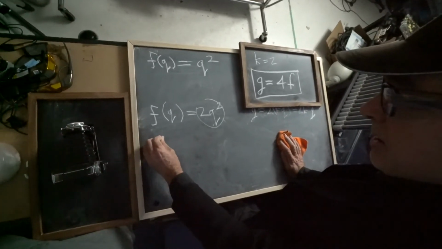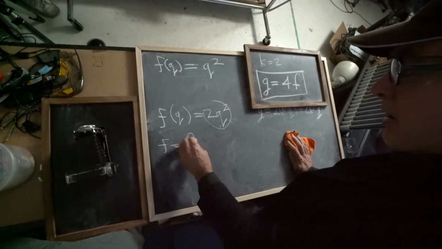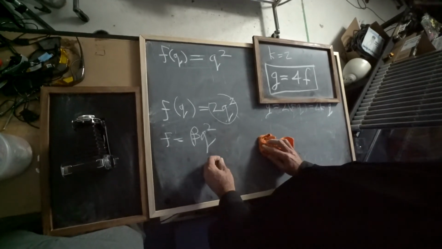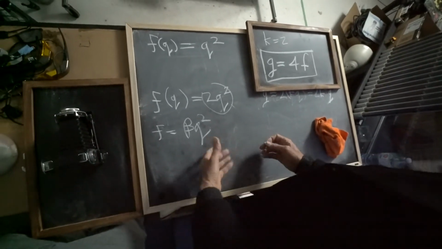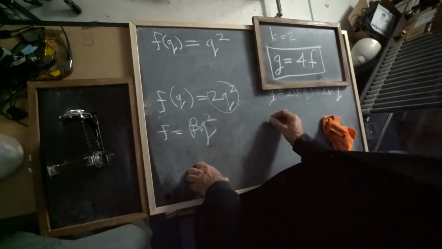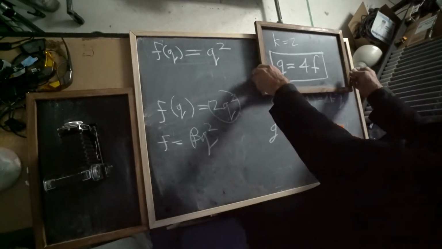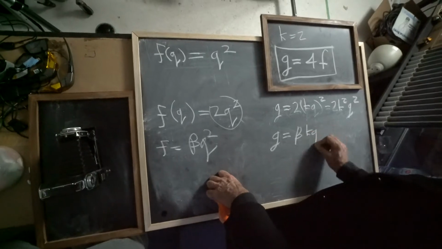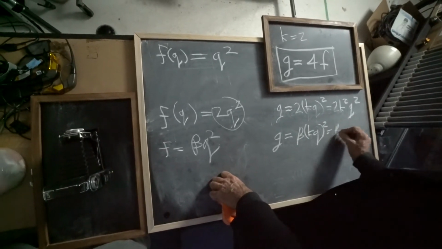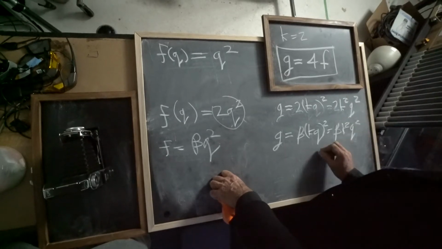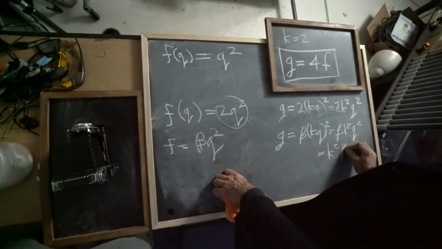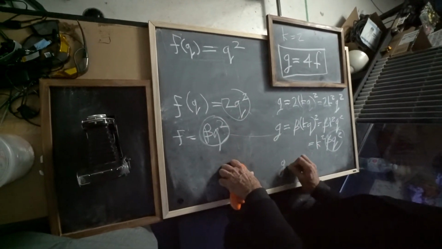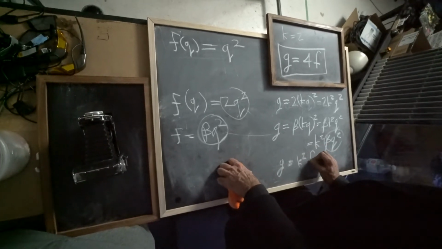if I just take f equals beta q squared, then g equals beta (kq) squared equals beta k squared q squared equals k squared beta q squared, and again g equals k squared f.